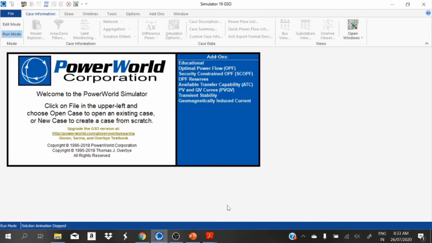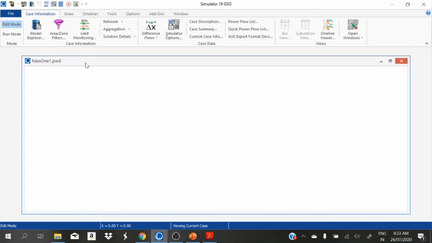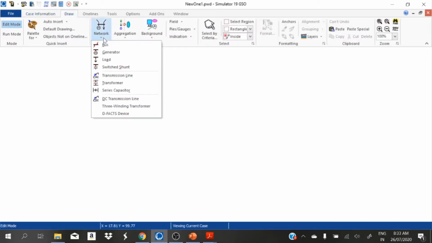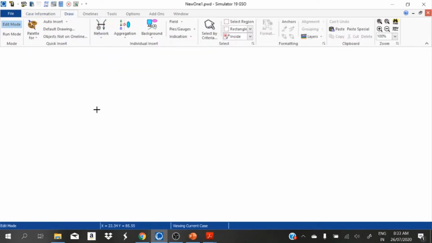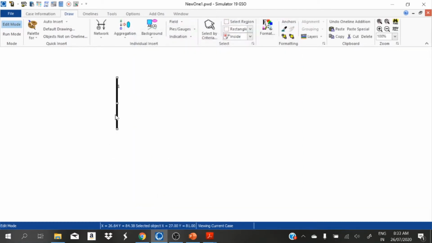Now we verify our result using the PowerWorld Simulator. Go to File, New Case, Draw Network, Bus. In our model, we are using 4 different buses. All are operating at 500 kilovolt rated voltage.